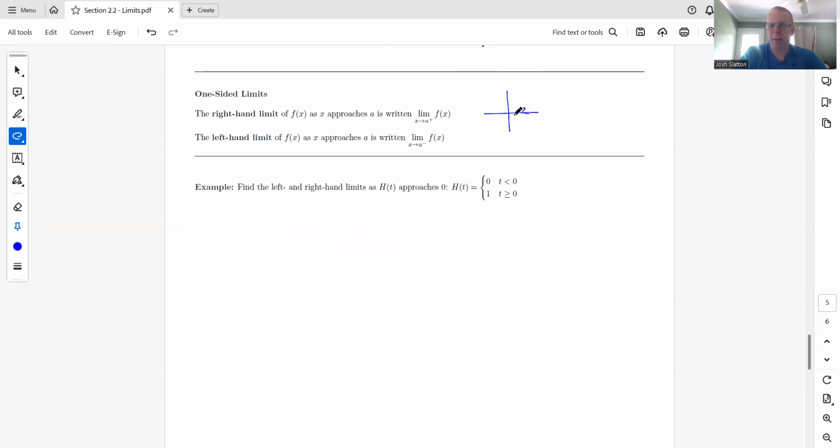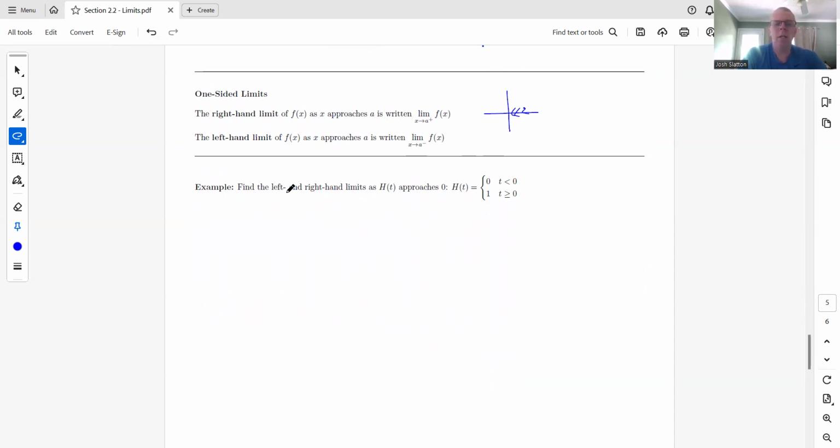So x is positive, and we're coming from that direction with the right-hand limit. We're coming this way to whatever the function is doing. And then left-hand would be coming from the negative side or the left side of the x. It doesn't have to be negative because we don't have to be at zero.